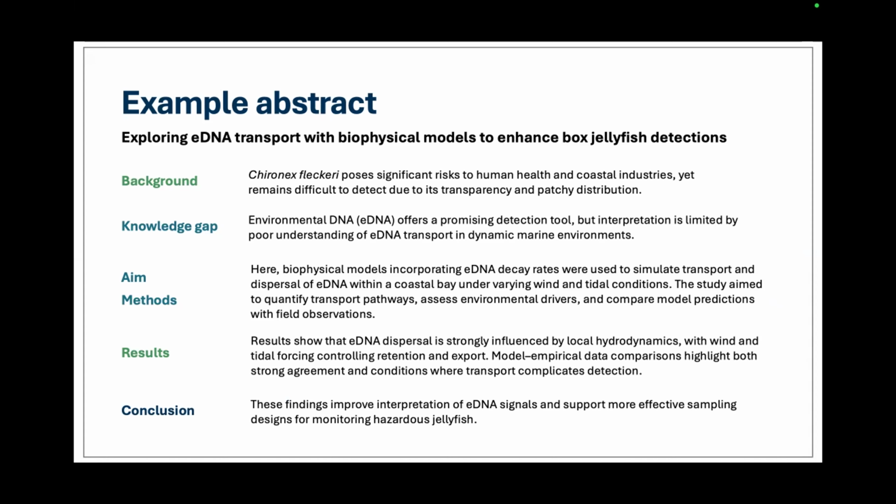I first covered my methods, which was using biophysical models incorporating decay rates to simulate transport and dispersal, and then led into my aims, which were to quantify transport pathways, assess environmental drivers, and compare model predictions with field observations. So the aim is really explicit, a single sentence, and the methods are concise but informative.